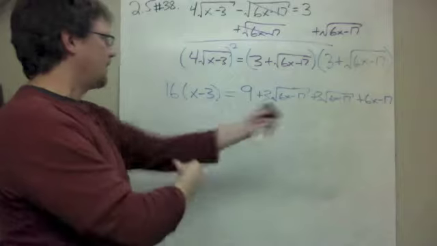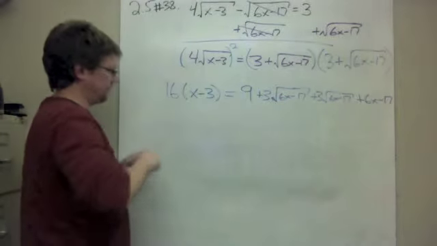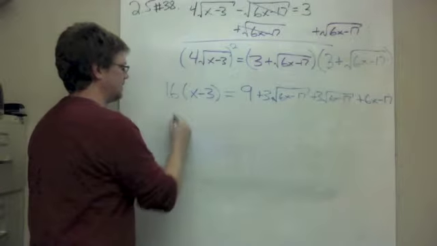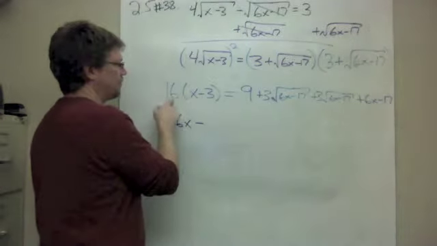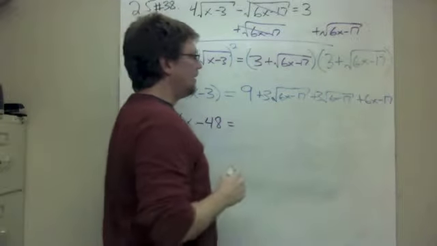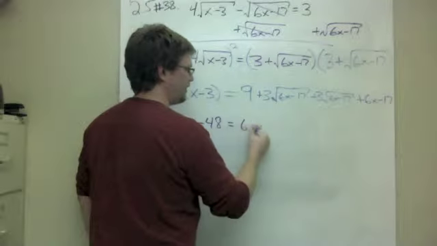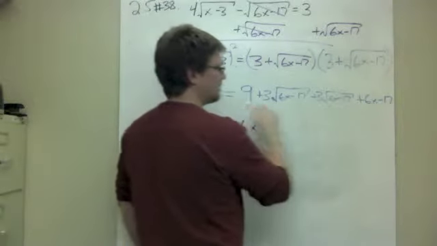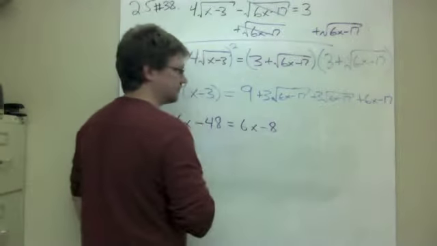Okay. Can this be simplified? Well, I can distribute my 16. 16x minus 48. My 6x I can pull out front. 9 and minus 17 is going to be minus 8.